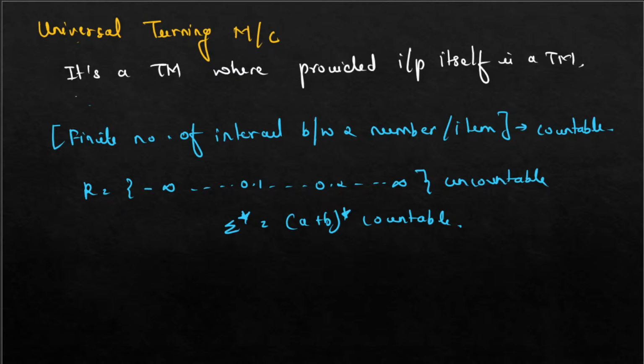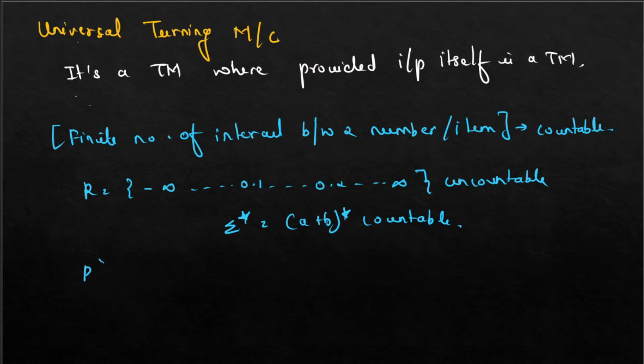Point number 1: a subset of a countable set is always countable. Second: the set of all Turing machines is countable. The set of all recursive variables is countable, and the union of two or more countable sets is always countable, and the power set of an infinite countable set is uncountable.